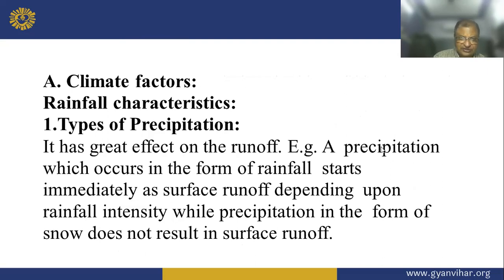That is, precipitation which occurs in the form of rainfall starts immediately as surface runoff depending upon rainfall intensity, while precipitation in the form of snow does not result in surface runoff immediately.